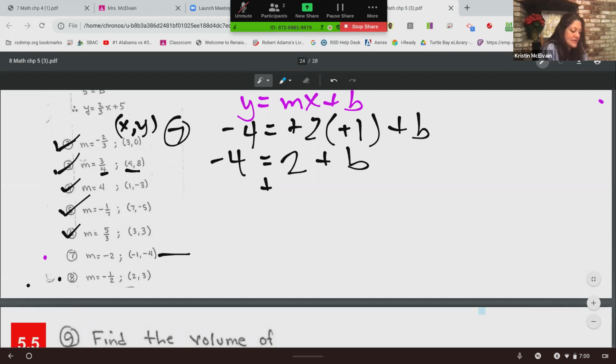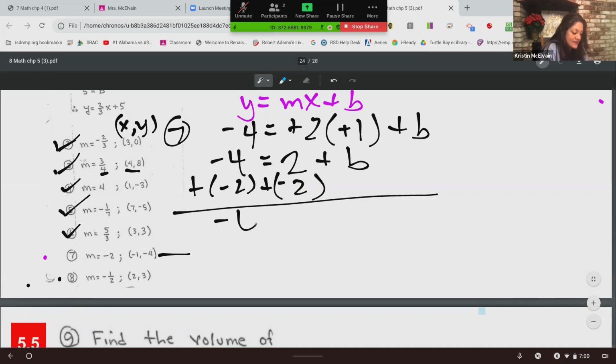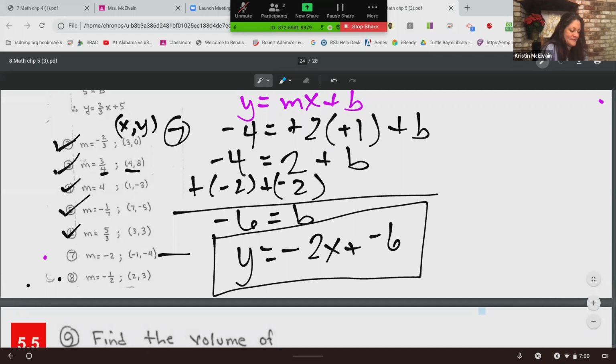Add the opposite. That gives us -6 for our b. So our equation is y equals -2x plus -6. That's 7.